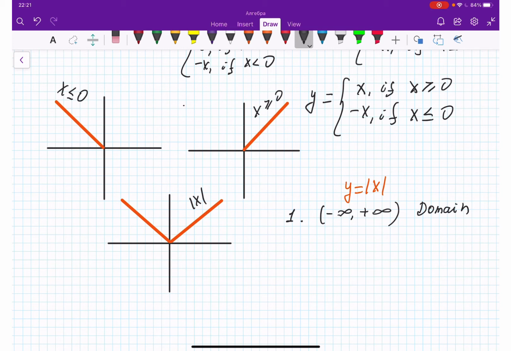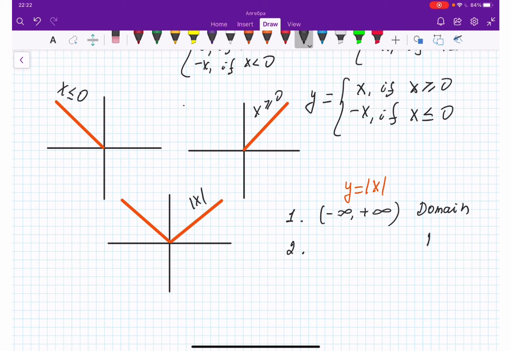Okay. Second property, the graph can have only non-negative values. Which means it can be 0, and that's going to be our range.